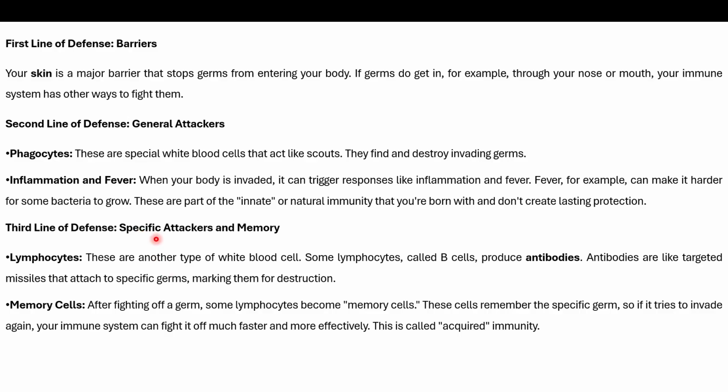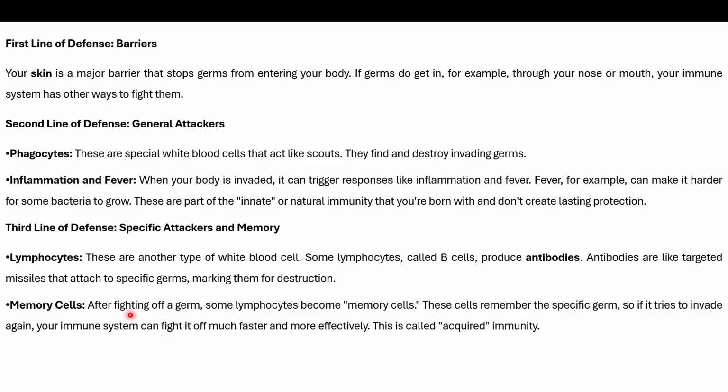Then comes the third line of defense, where there are specific attackers. The cells involved are really specific to the type of pathogen that has entered our body, and eventually, those cells can help in creating memory cells as well. Lymphocytes are another type of white blood cells, where some lymphocytes called B cells help in producing antibodies. Antibodies are like targeted missiles that attach to specific germs, marking them for destruction.